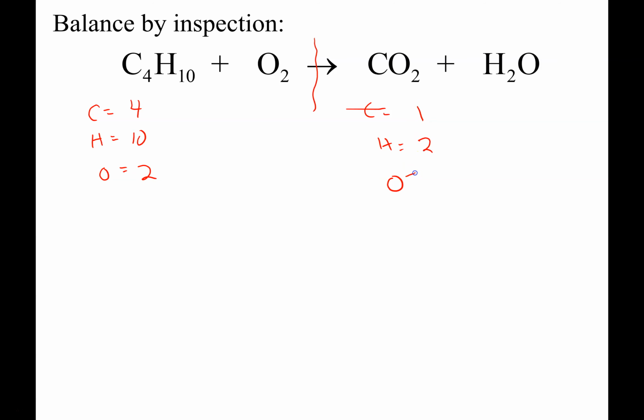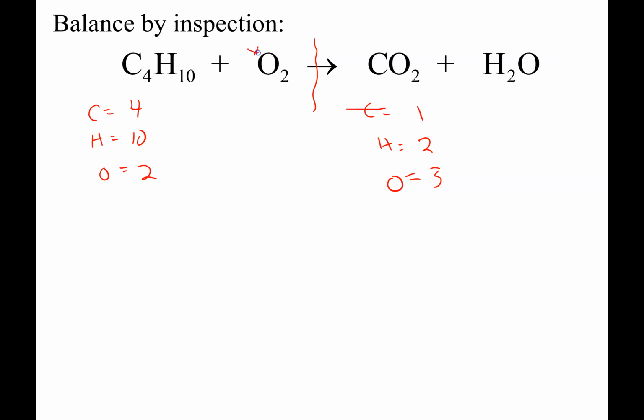Now for oxygens, make sure you count. I heard 3. And this is where it makes life a little interesting. Because as we change the coefficient of either the carbon dioxide and or the water, we're going to mess up our oxygen.